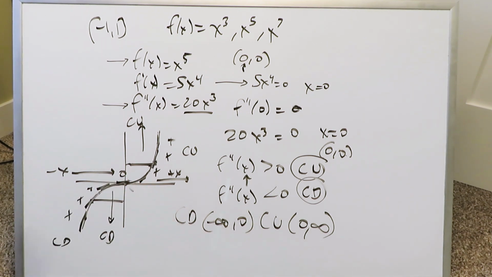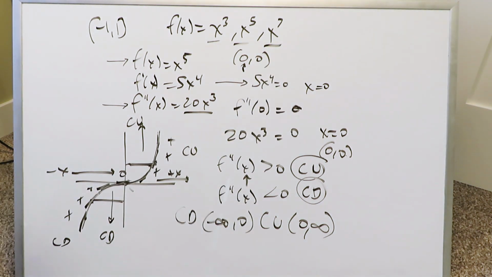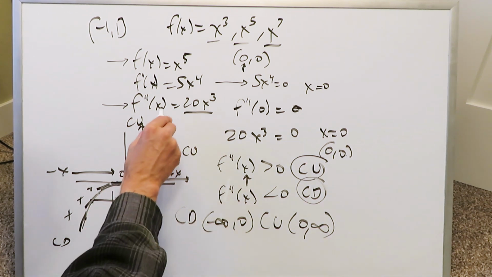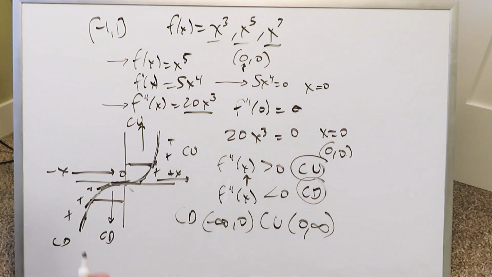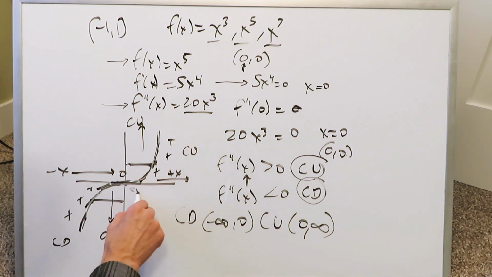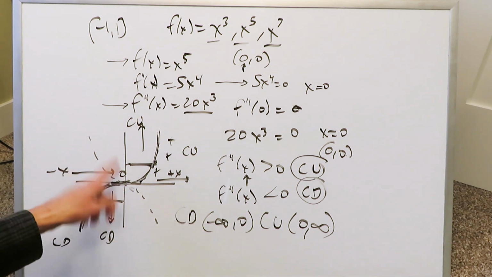This is one of those cases with regards to x cubed, x to the 5, and x to the 7, where rather than developing a local extreme minimum or maximum, your curve will cross over its horizontal tangent and go upwards. Hence, you're seeing this positive, positive, 0, positive, positive. You don't see that shift down over here to develop a local extreme, nor do you see something like this to develop either a local minimum or a maximum.